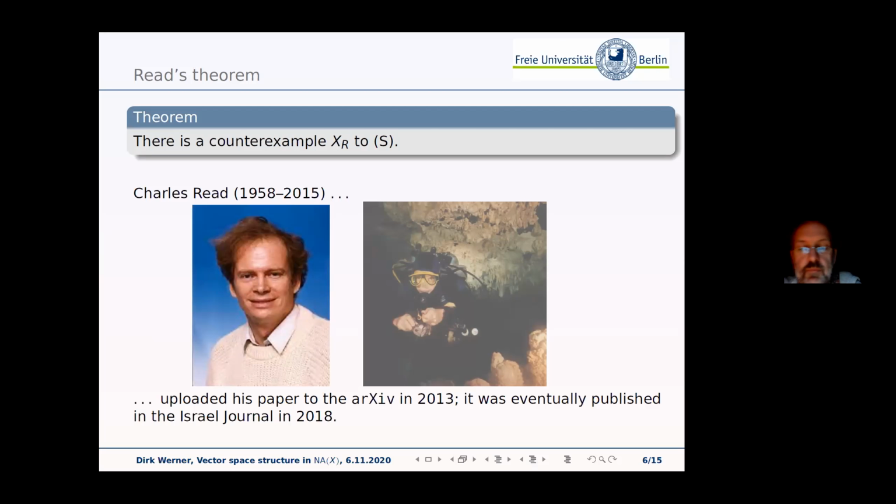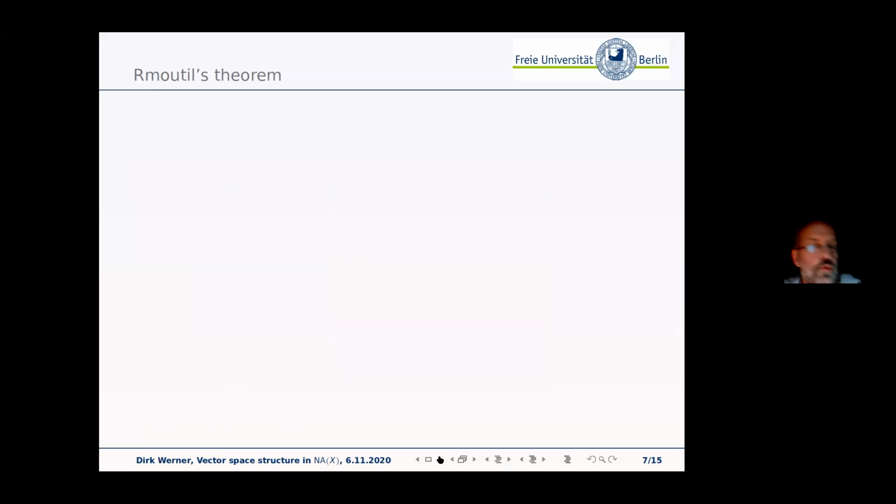It was submitted to the Israel Journal, but then Charles passed away and someone else had to take over to make the corrections and implement the suggestions by the referee. So it took more than 3 years after his death before this paper got officially published in the Israel Journal. But it was available since 2013, which helped other mathematicians to work on that.